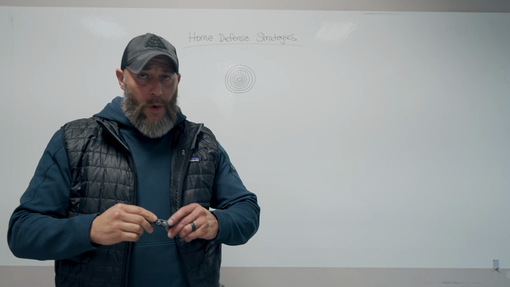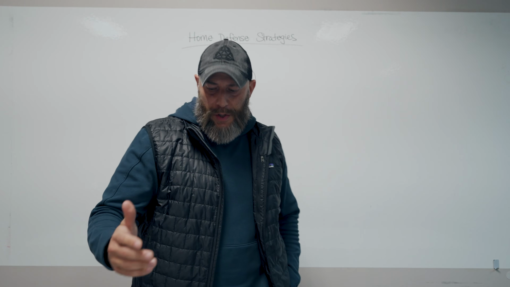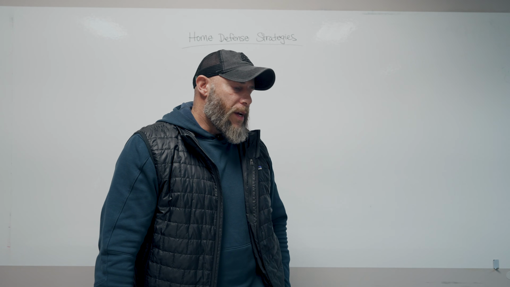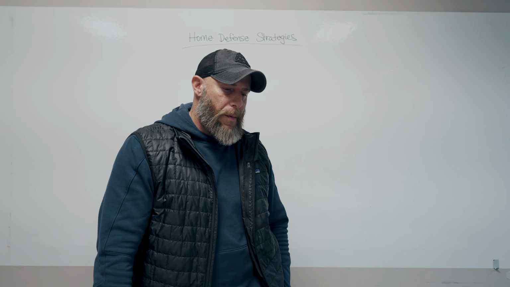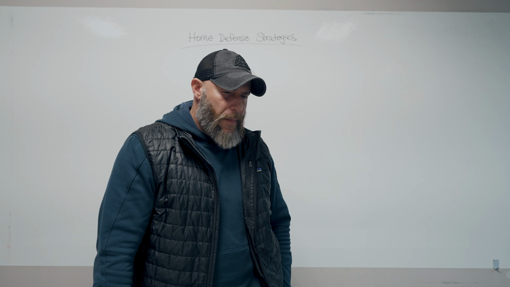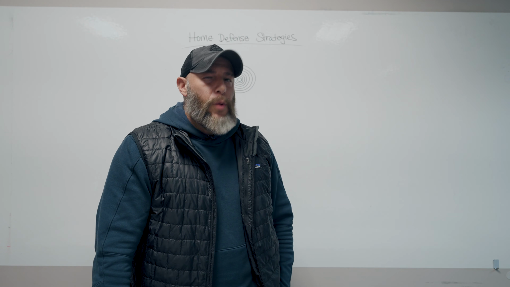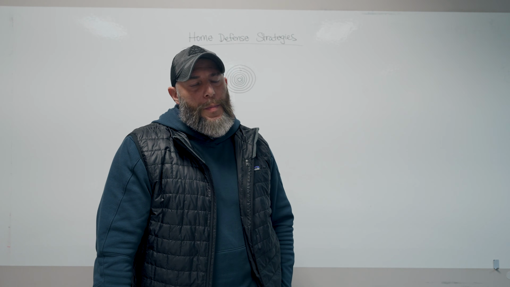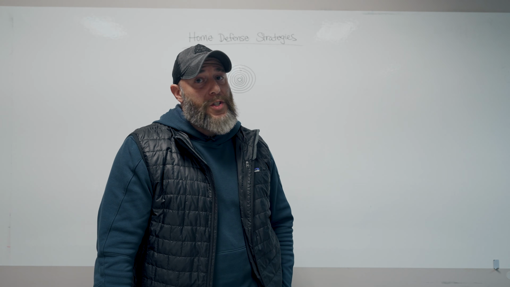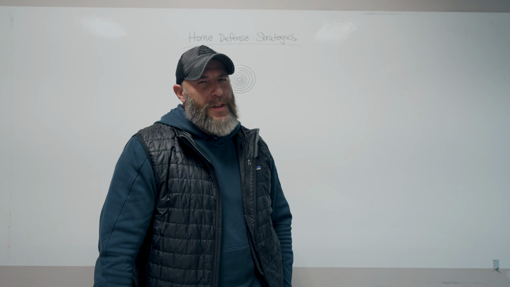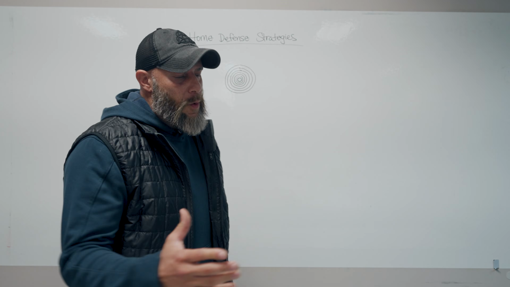What's the most probable course of opposition action, right? So this dude or dudes that are going to break into your house and do bad things to you or your family, who are they? How many are they? What tools are they going to bring to bear? What skill level are they? How committed are they? All these things are questions we need to take into consideration when we're building out this plan or strategy.